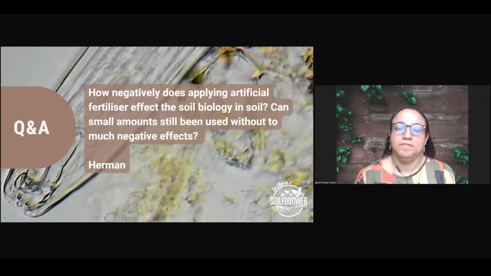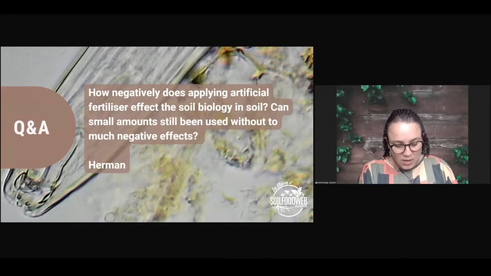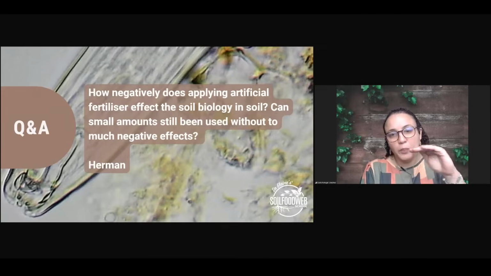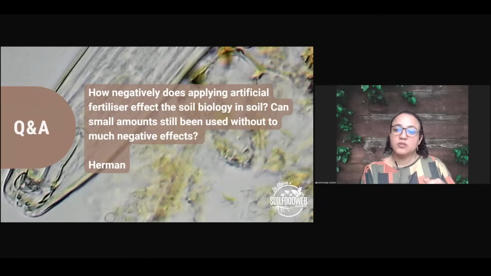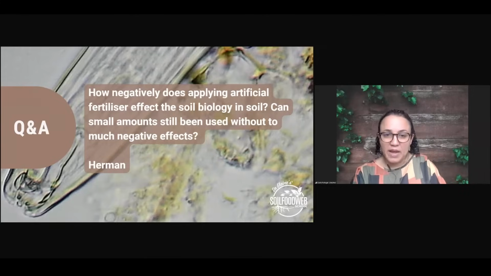So, the artificial fertilizers, it really depends on which one you're talking about and the amount you're applying. The main issue with those fertilizers is that when they reach a point of application, they start to behave as salts. And when behaving as salt, they will take the water out of the system, and this will directly affect the survival of the biology.